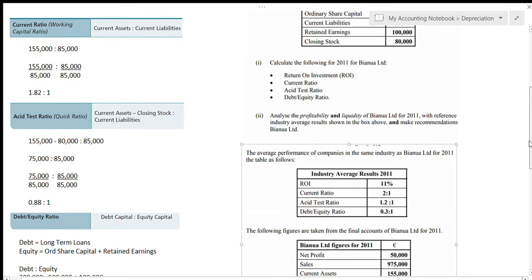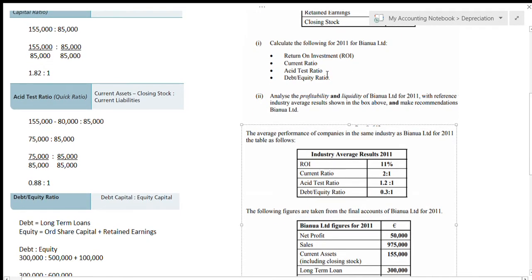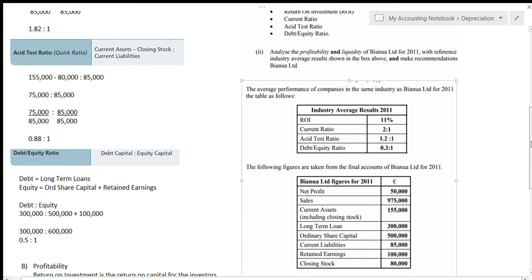The acid test ratio is the third one they're asking us to get. I'll get to dividing in a second. Hold that thought. Current assets, same question: 155 grand minus my closing stock of 80,000 to my current liabilities of 85,000. So if I take away closing stock, it gives me 75,000 on the left, 85,000 on the right.